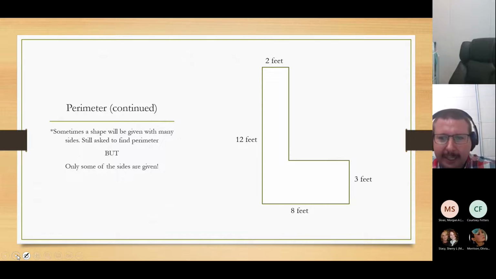You may only see 1 to 2 questions on this, but you will still be tested on it. You still have to add up all the sides, but we have a problem. 2 sides are missing. So just give me 1 second.